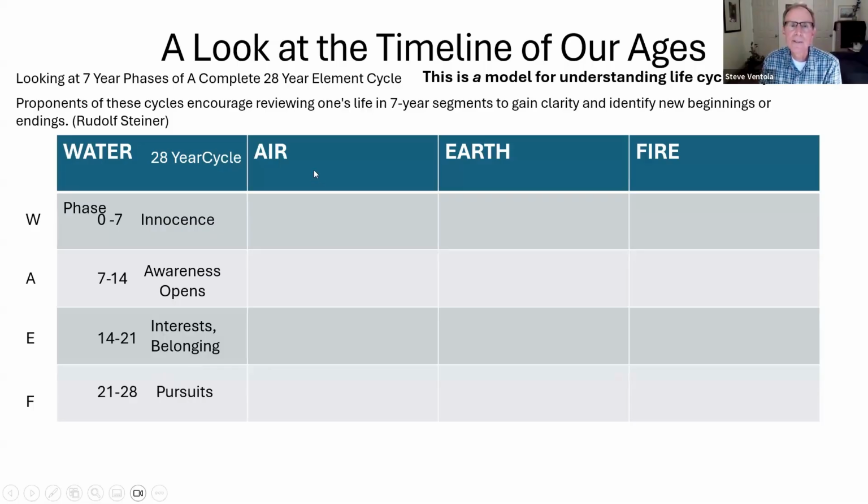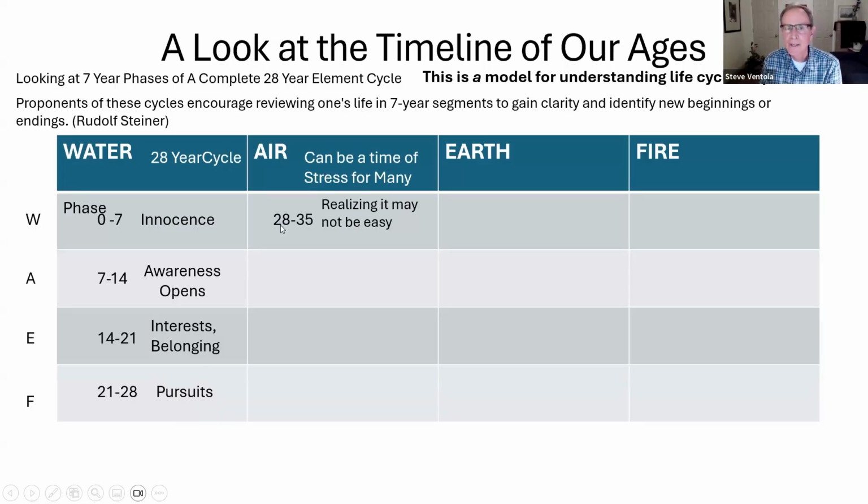So then this brings us to the air phase. And this air phase of the 28-year cycle can be a time of stress for many. So Dorian, I'm glad you're here tonight because I really want to help folks in this age range, 28 to 35, realizing it may not be easy.